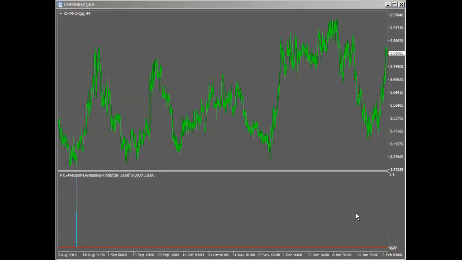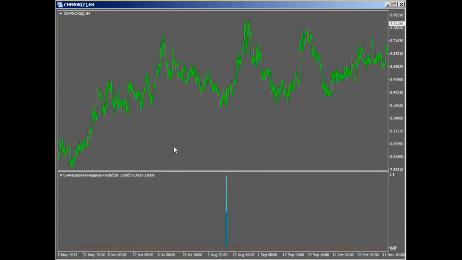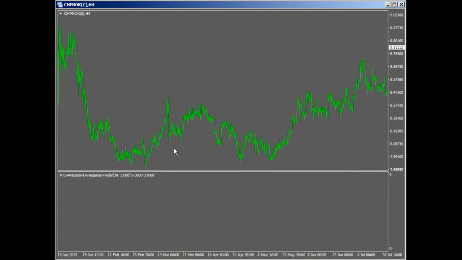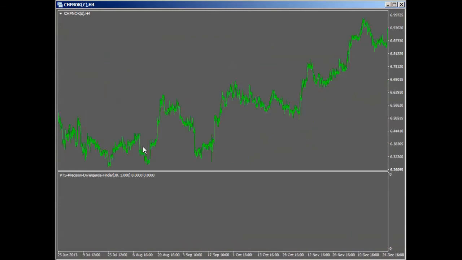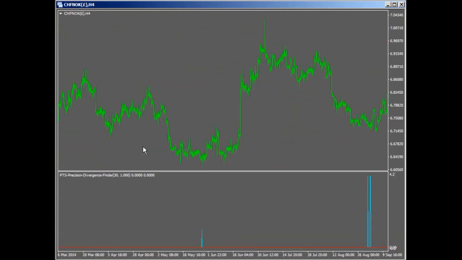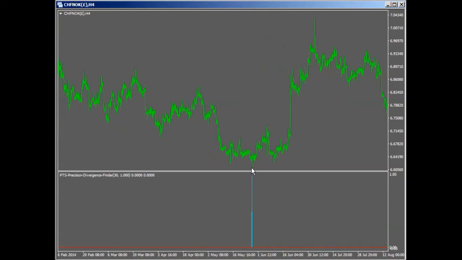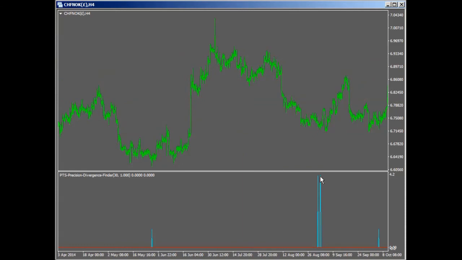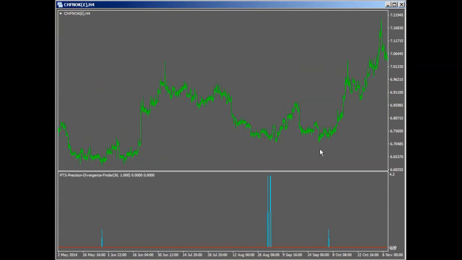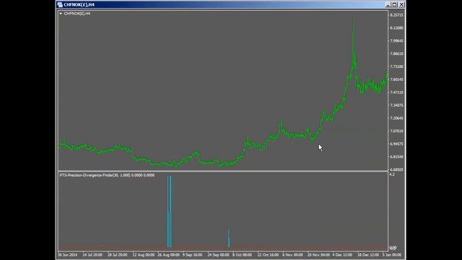This is the Swiss franc versus the Norwegian kroner, and the settings are demand index length is 30 and the difference looking for is 1. Start at the beginning as usual. This is one divergence which led to a big move up. This is a whole bunch of them together, 4, and then shortly followed by another one of 1, which led to another big move up.